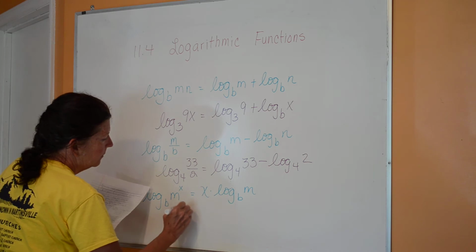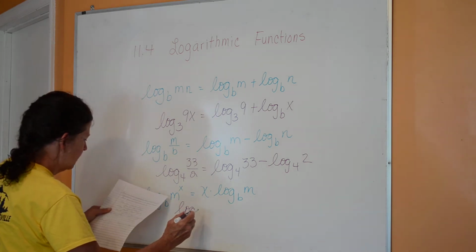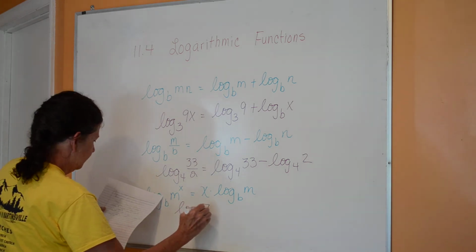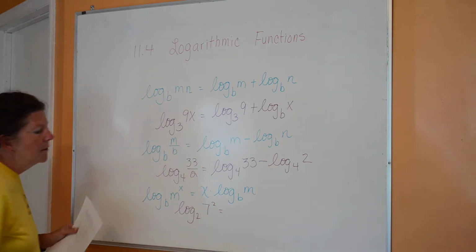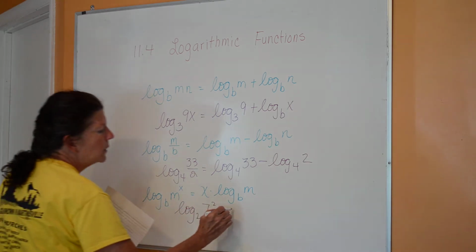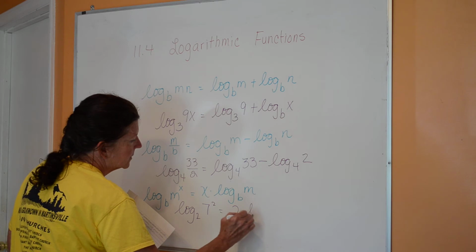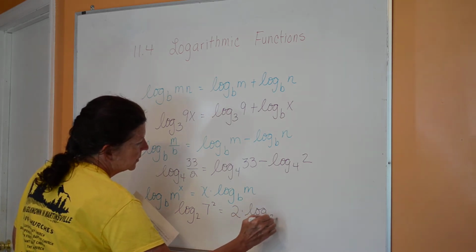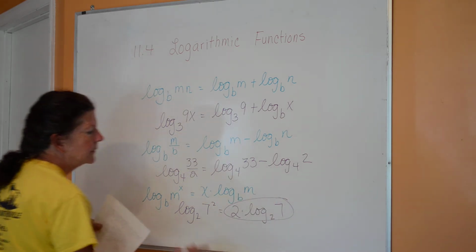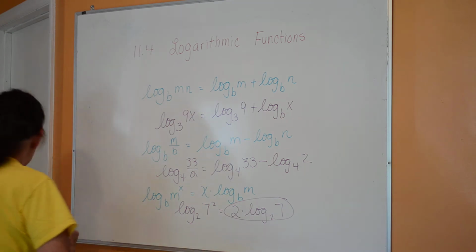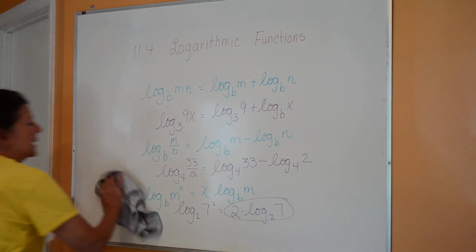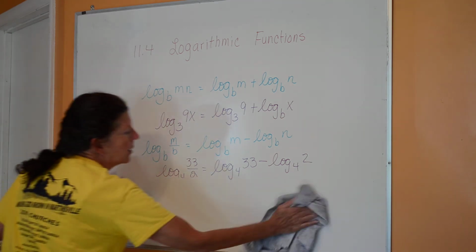Here's an example. Let's say I have the log of base 2 of 7 squared. I can rewrite this as 2 times the log of base 2 of 7. Okay?